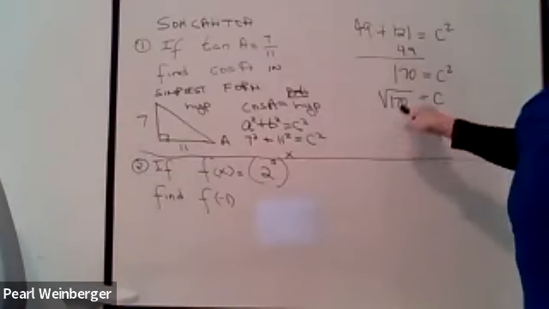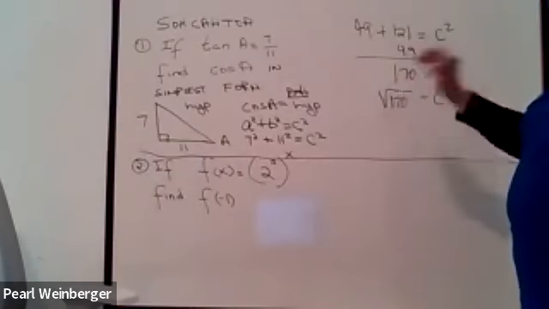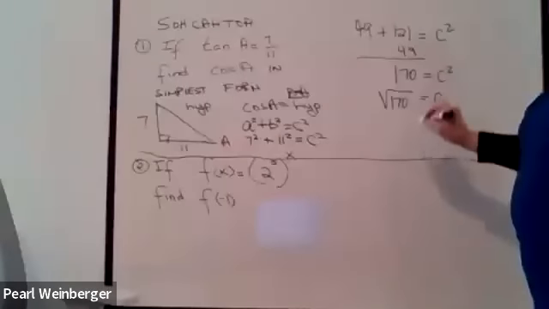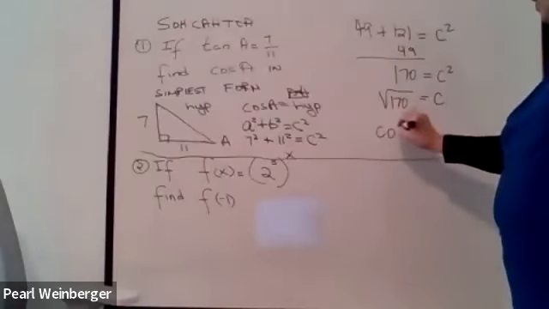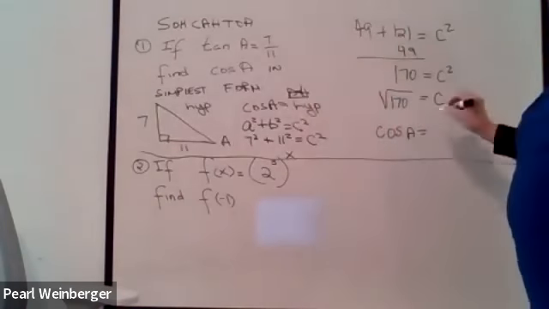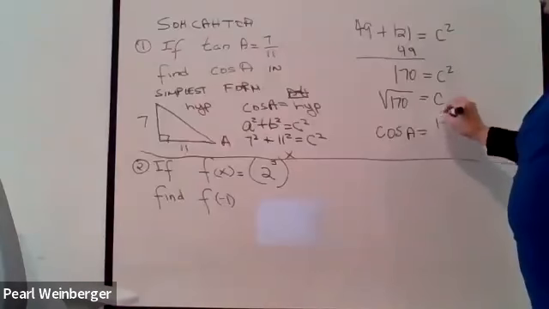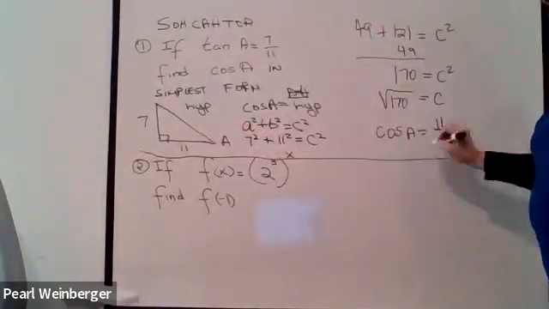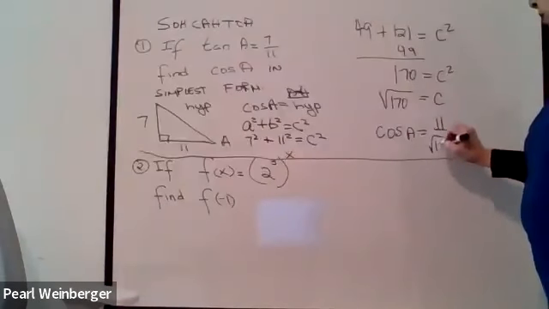Neither of those are a perfect square. So I can't simplify this. So I'm just going to leave it the square root of 170. So therefore, my cosine of A is going to be the adjacent, which is 11, because it's right over here, over the square root of 170.